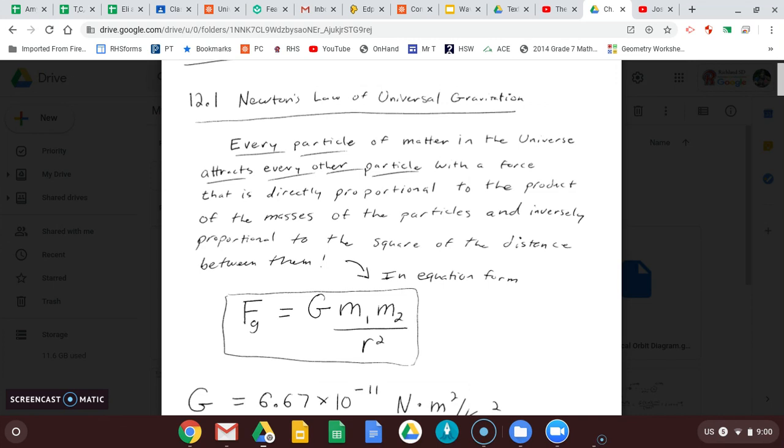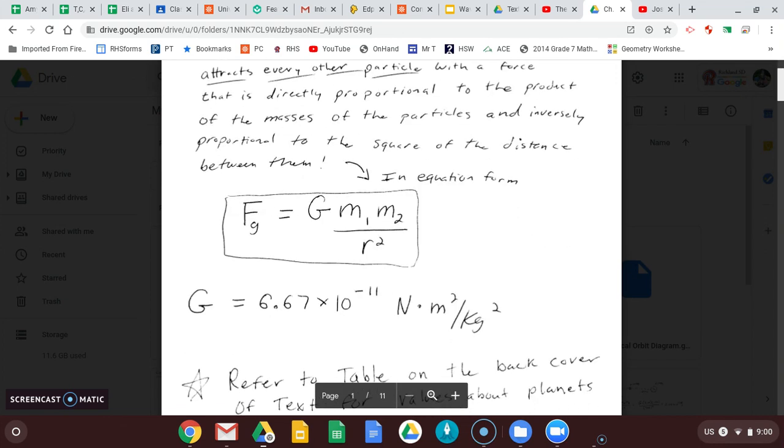In that context, the force of gravity is the same as weight. This is more universal. This is between any two objects, so that's not going to be called your weight unless it's back to the old way of thinking between us and the earth or something like that. So this is more of a general force of gravity between any two objects.